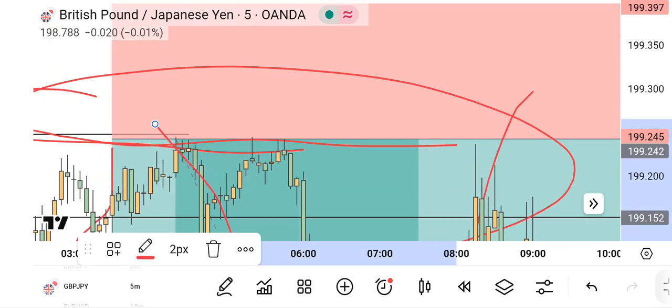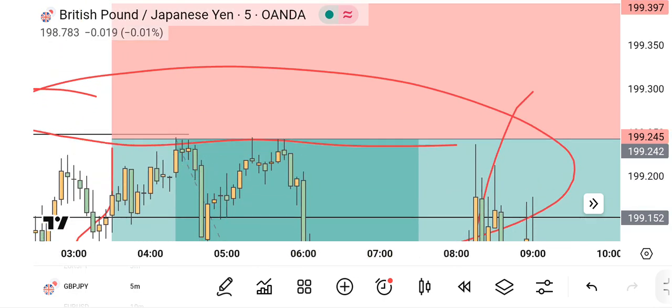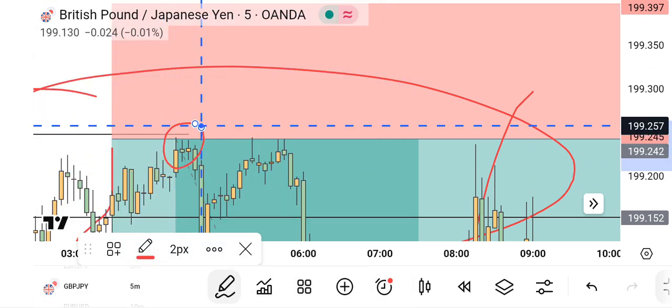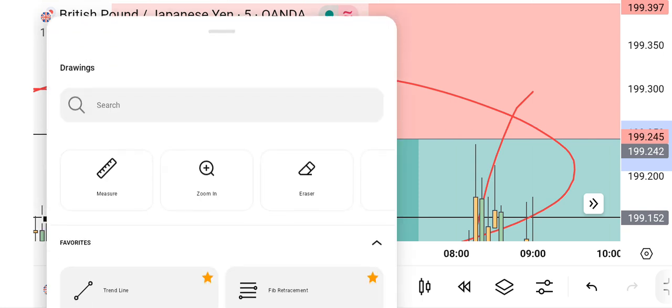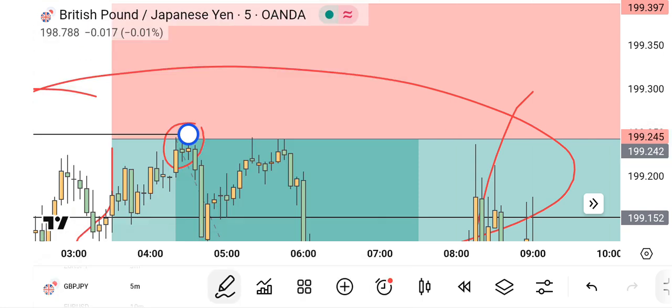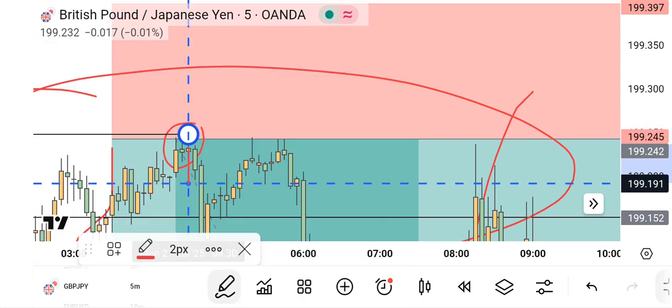Then I got some candlesticks, these tiny ones, this one. Anytime you see candlesticks like this, you know that there's indecision between the buyers and the sellers, when the price is opening and closing in between two long wicks. So either the price moves to the upside, or for now the price came down.